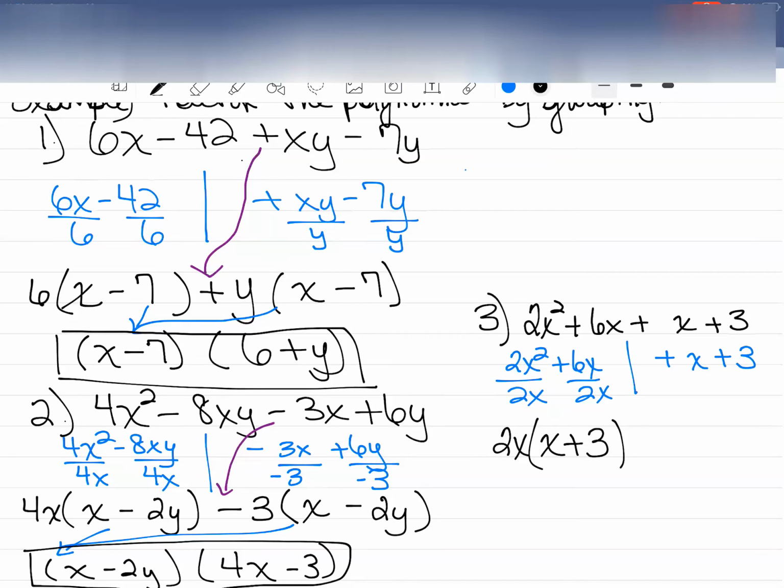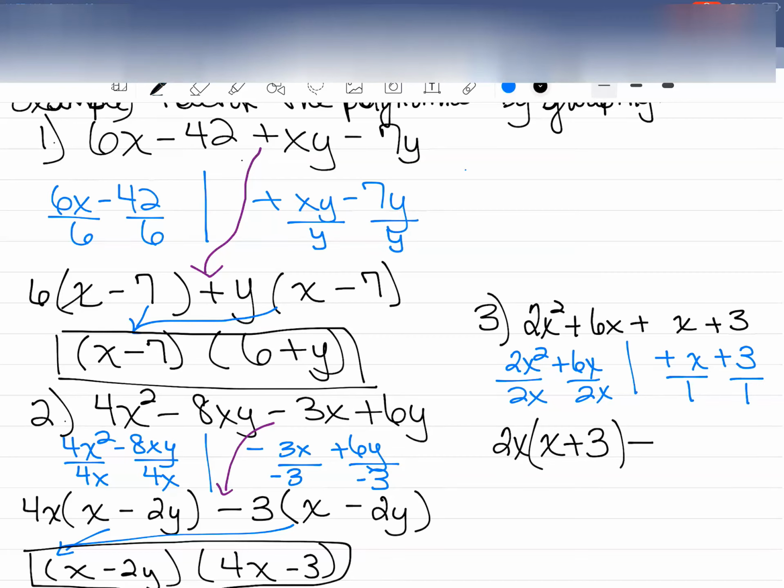When I don't see anything in common that I can pull out, the only thing that you see is a 1. That 1 can be a factor, or I should say that 1 is a factor. Now we tend to say that that's prime, but when we're factoring by grouping, if that's all you can pull out, that's what you're going to have.